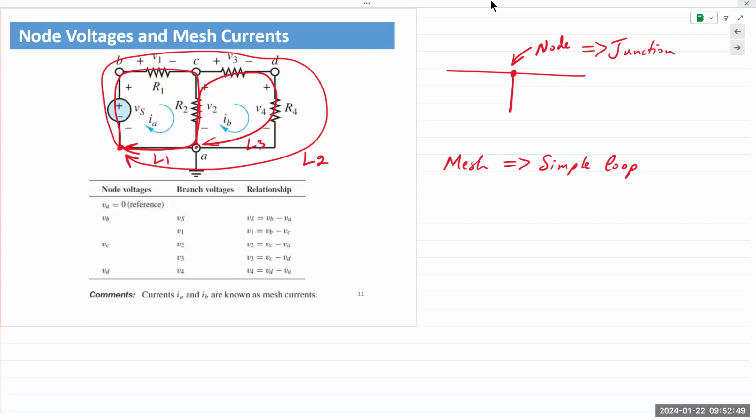Any questions? Any questions at all? Yes. L1 and L3. So this and this.